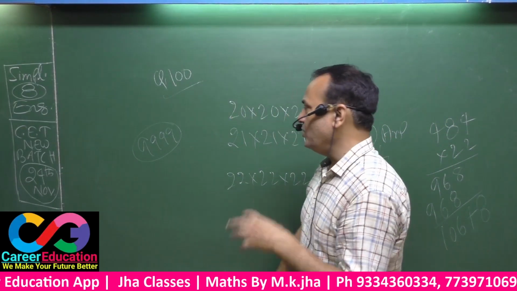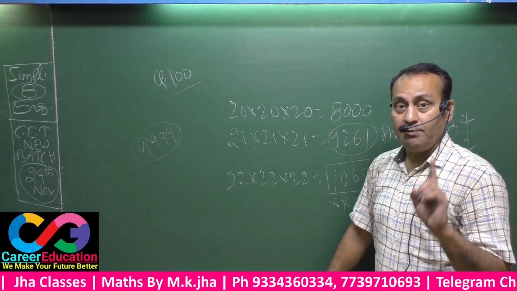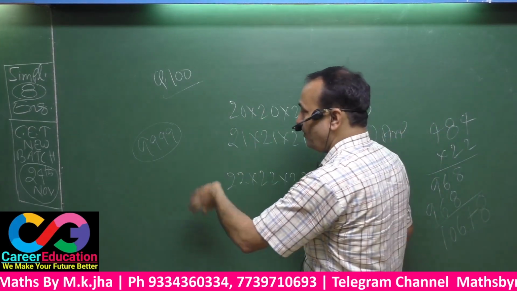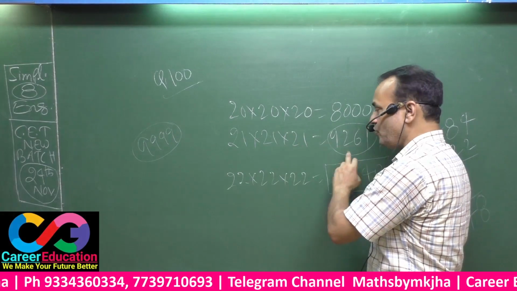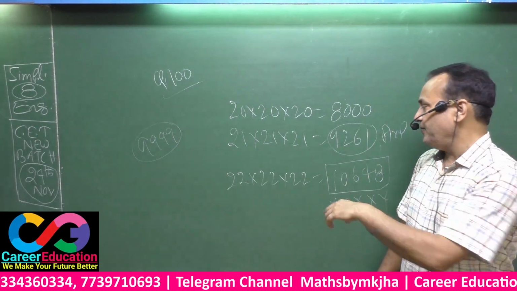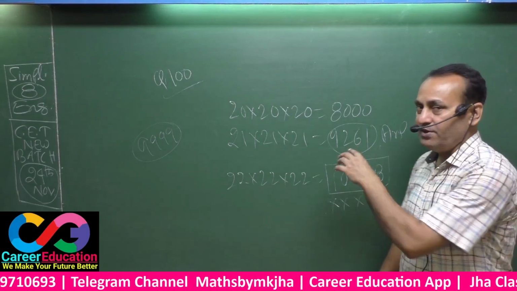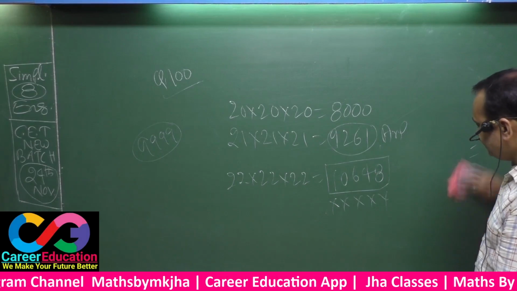Question has asked you to point out the biggest number of 4 digits, but that must be a perfect cube number, so you have to reach a cube number nearest to that. That means this is a cube number, this is also a cube number, this is also a cube number, but this has only 5 digits. That means this is the biggest perfect cube number of 4 digits.